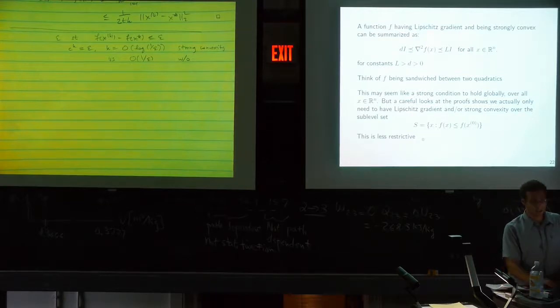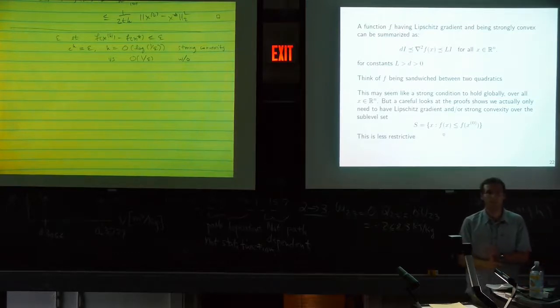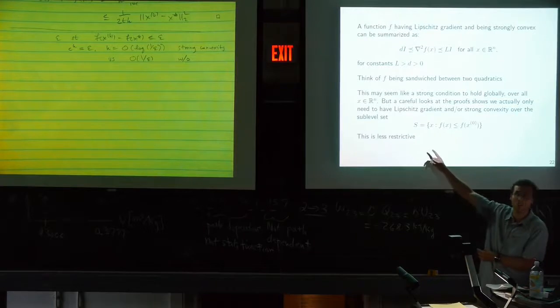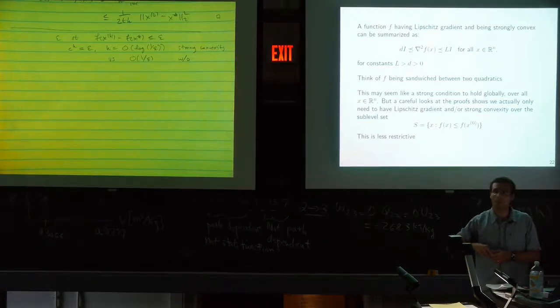And that's actually the sub-level set of all points that have f of x less than or equal to the initial point you specify. Because we know that we're decreasing the function each iteration, so we're never going to leave this sub-level set. So you'll only need strong convexity and Lipschitzness of the gradient on this sub-level set. So yes, it is not obvious that there are very many functions that are globally strongly convex, but there are a lot of functions that are strongly convex on bounded subsets.